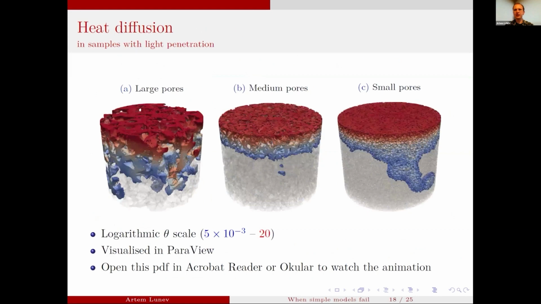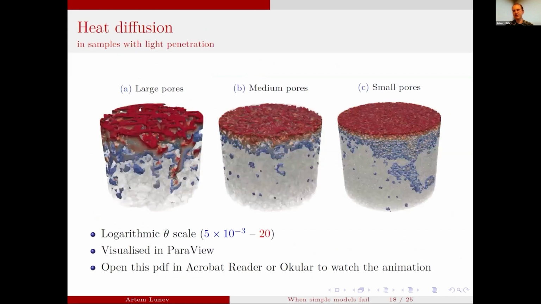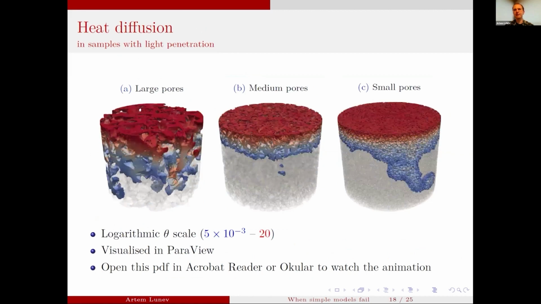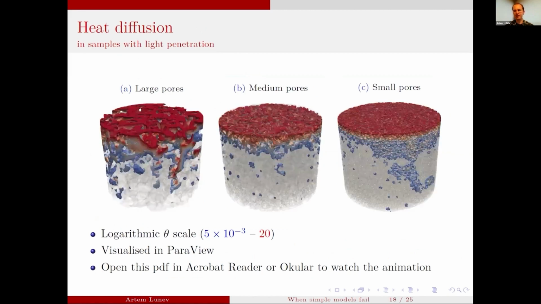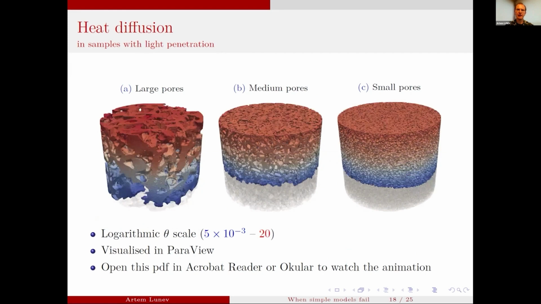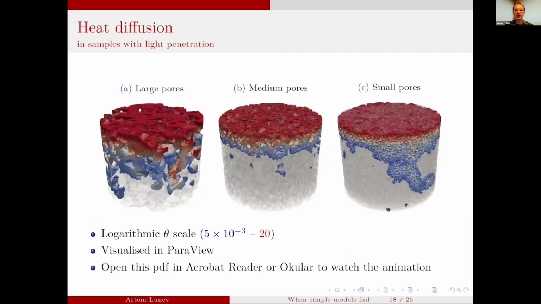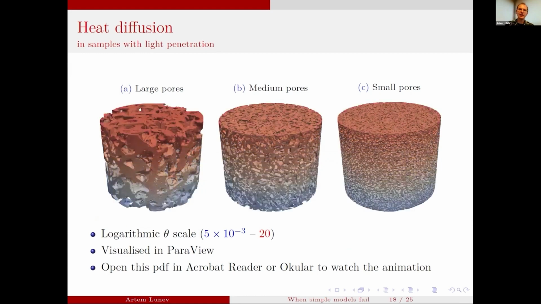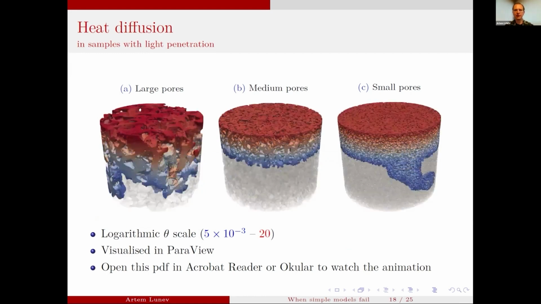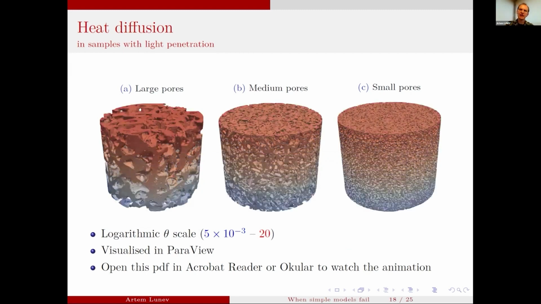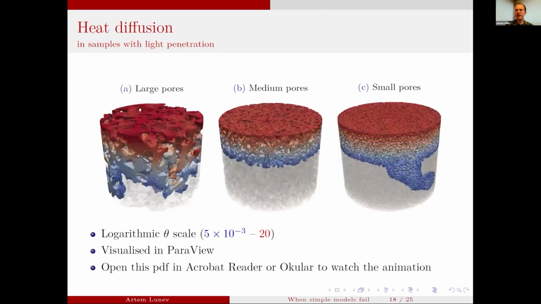So here you can see some nice animations of the actual temperature propagation in samples with different size distributions of porosity. You can see that, for example, in the large pore samples, there seem to be some hot spots forming at the top surface, which is illuminated by the laser.